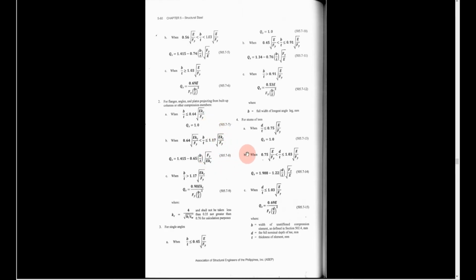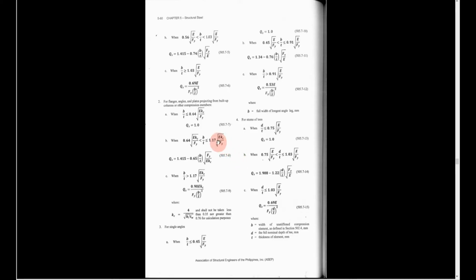So, in order to proceed, we will determine the width thickness ratio, the coefficient for slender stiffened element or the KC, and then substitute natin dito, makikita natin kung ano yung mag-govern na formula for QS.